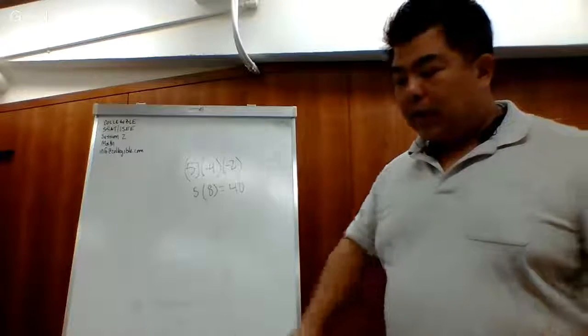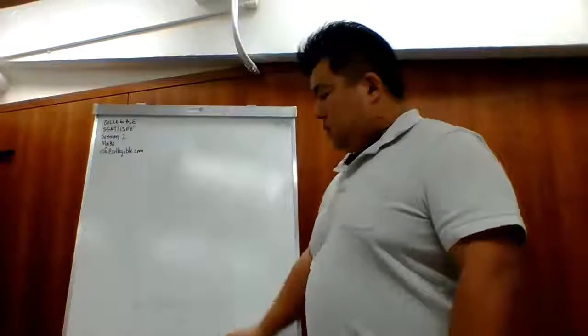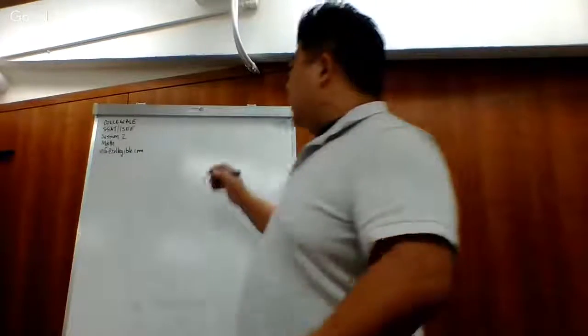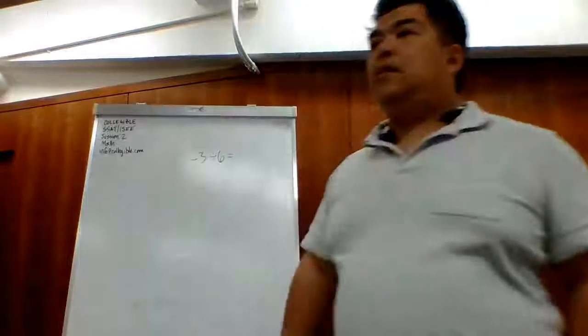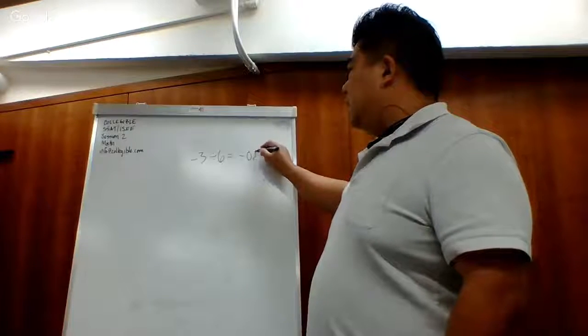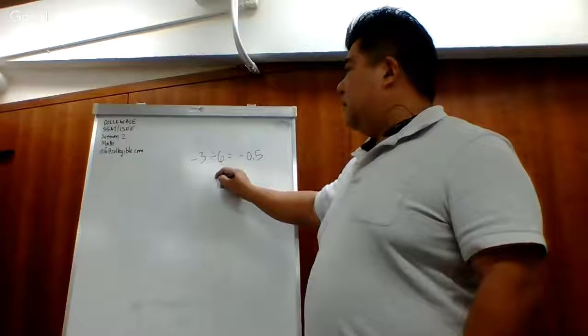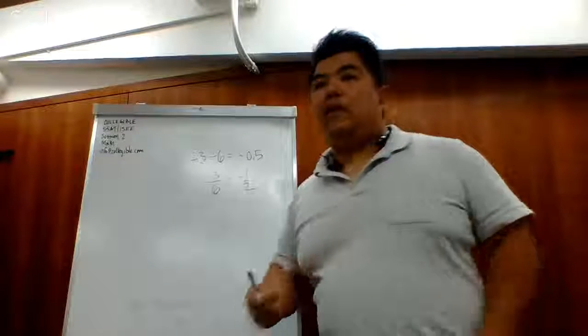Henry, you want to do number 8 for us? Yes, please. So negative 3 divided by 6. I think that's negative 0.5. That's right.